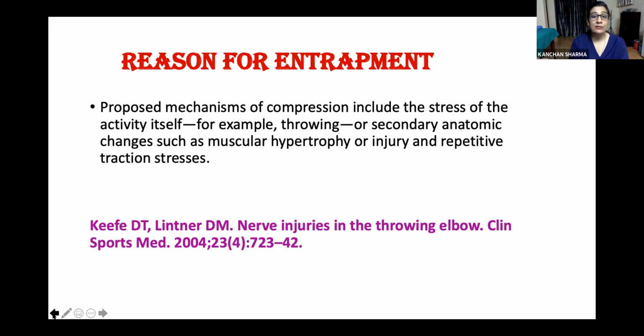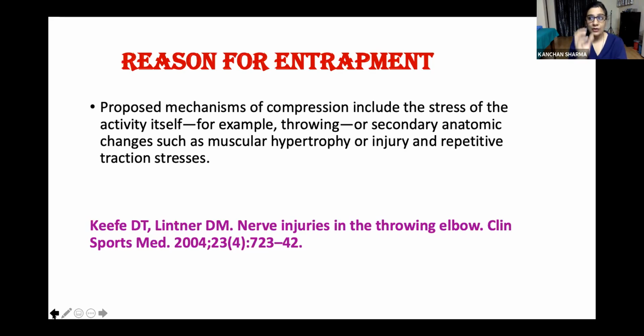Then the extension will not be there, right? You will have weakness of the muscles supplied by that nerve. But in radial tunnel, what they have found is that it is only pain. There is no weakness. You order an NCV, it is perfectly normal. You order an MRI, that is also perfectly normal. It is just a friction happening there, irritating the nerve, and the nerve is becoming edematous and getting entrapped.